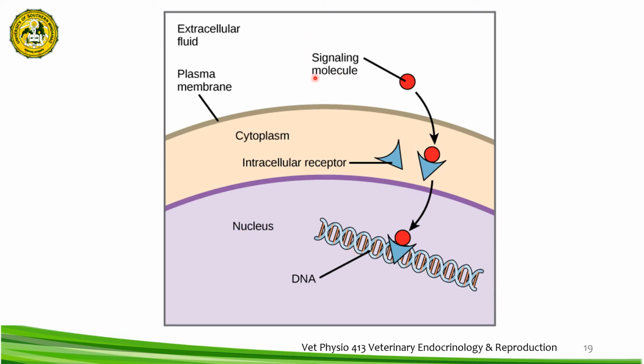The hydrophobic signaling molecule will readily diffuse in the cytoplasm, and it will bind to the receptors present in the cytoplasm. After binding, it will create a conformational change, exposing the DNA binding site. After that, it will interact with the nuclear DNA to promote transcription, thereby regulating gene expression.